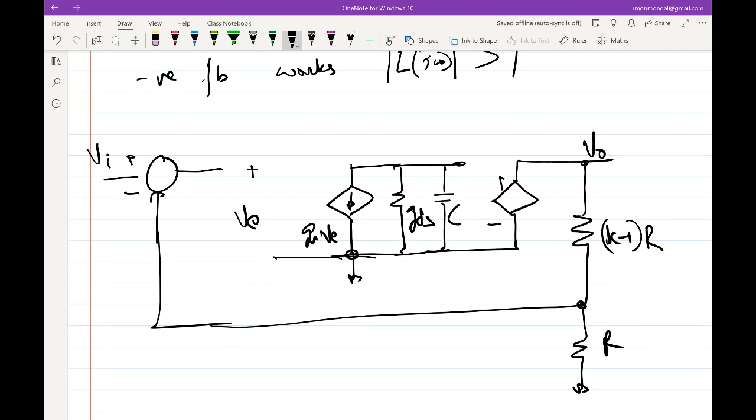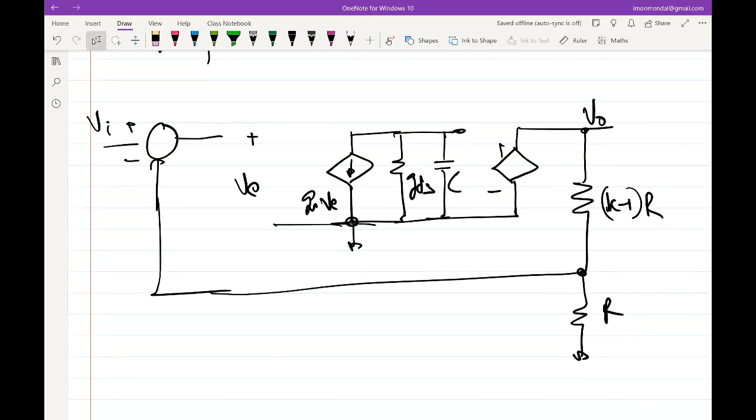It will load the capacitor. It will be exactly the same thing that we have been observing. So what will be the loop gain now?